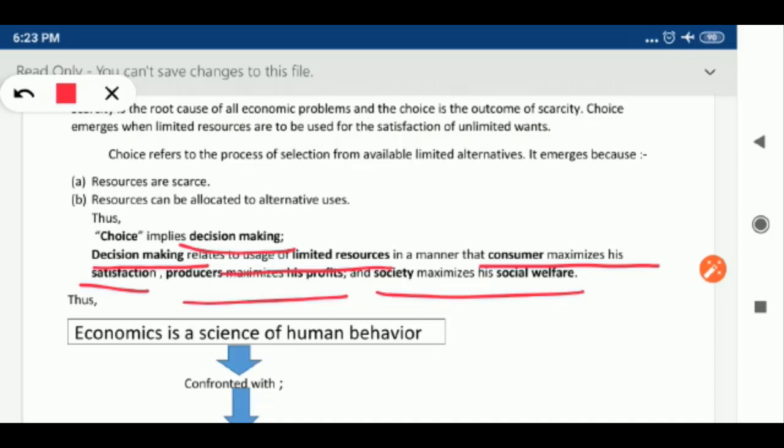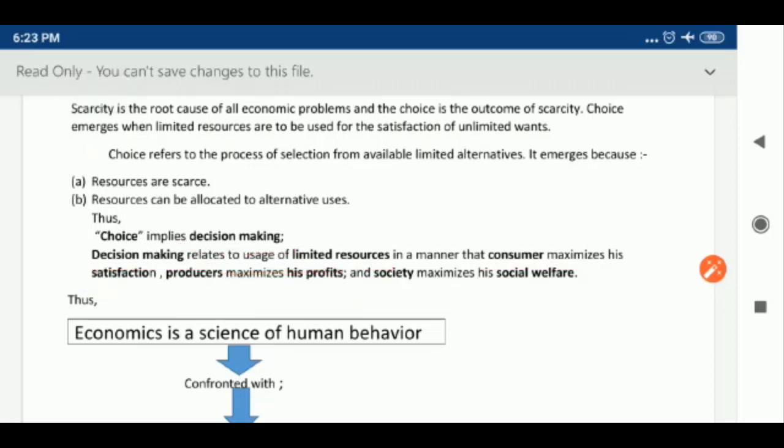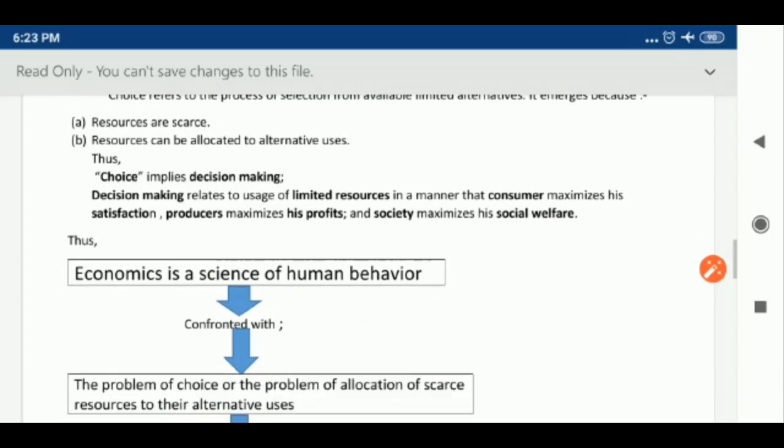Due to the problem of choice, the problem of decision making occurs. Decision making regarding what? Regarding the use of limited resources, how you will use that 10 rupees for consumer satisfaction. If the producer uses that resource, how will the producer maximize his profit and how will the society maximize its social welfare.